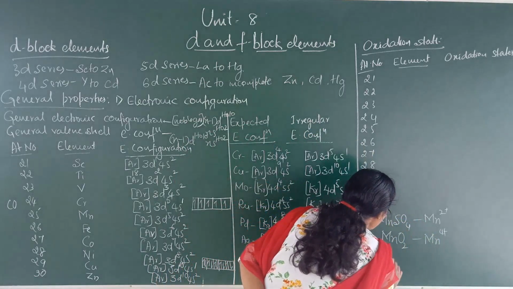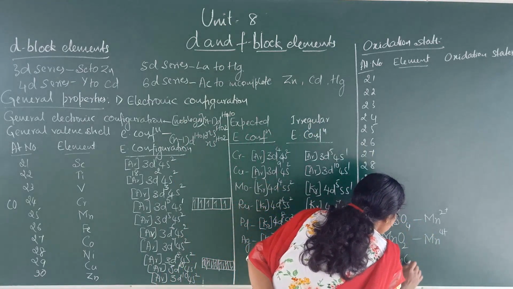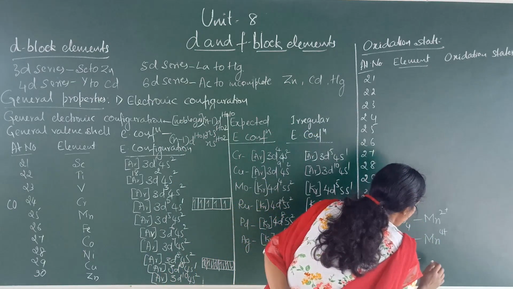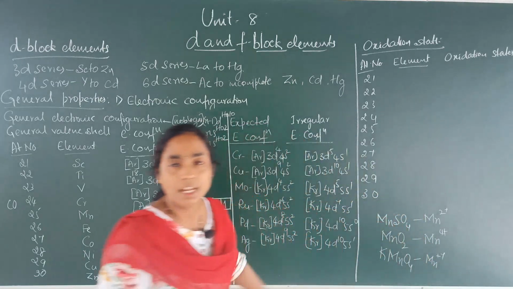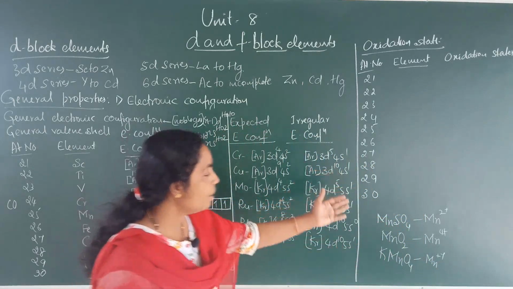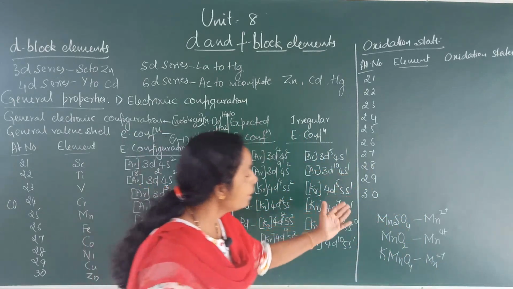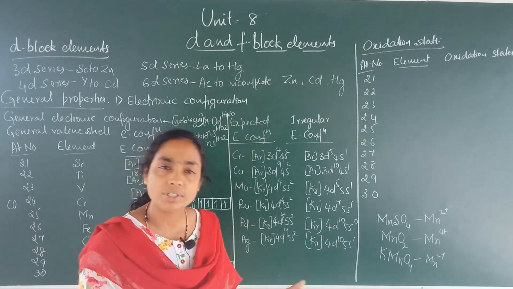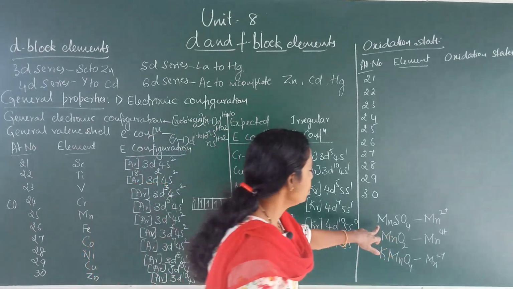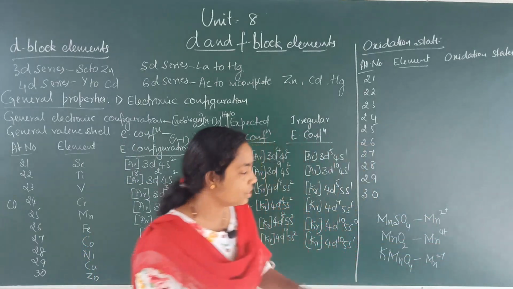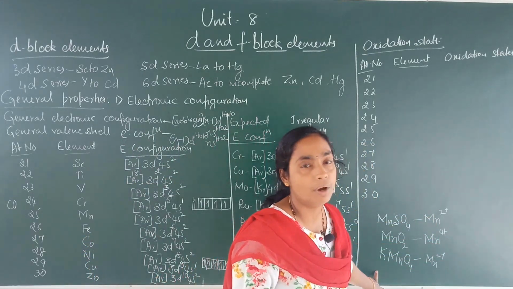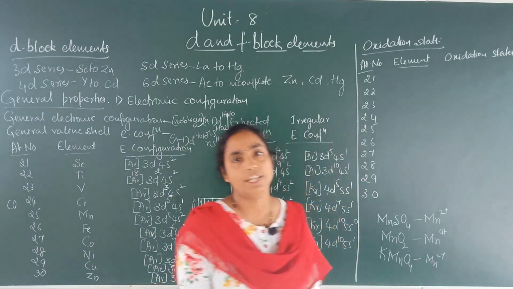Another compound we will consider is potassium permanganate. The oxidation state of manganese is +7. See, the element is the same, it forms different compounds, and in different compounds manganese shows different oxidation states. In the first compound +2, in the second compound +4, and in the third compound +7.